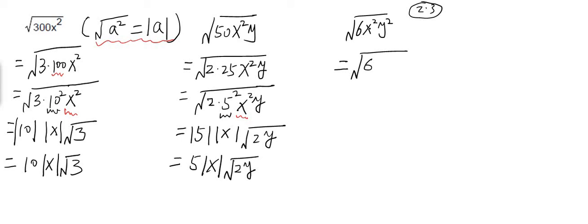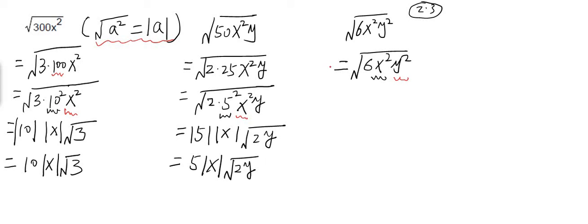However, for the variables, we have 2 terms, right? One is x squared, another term is y squared.